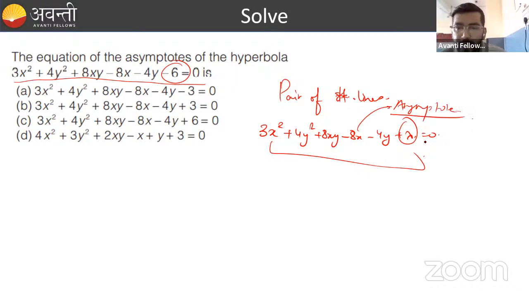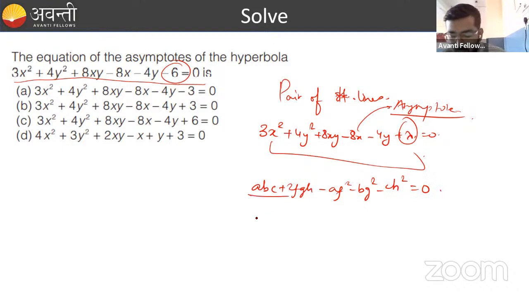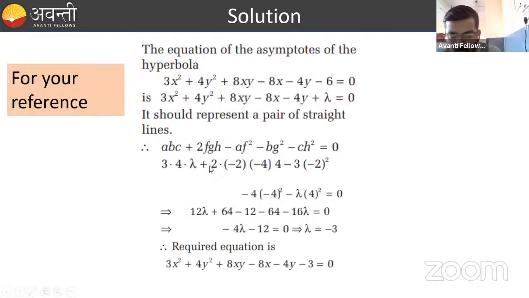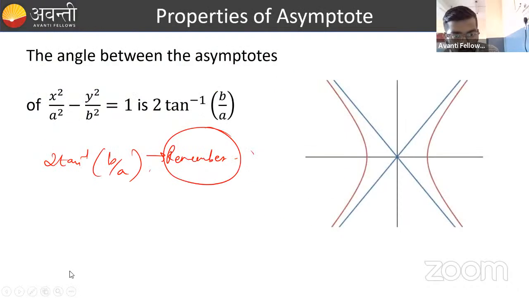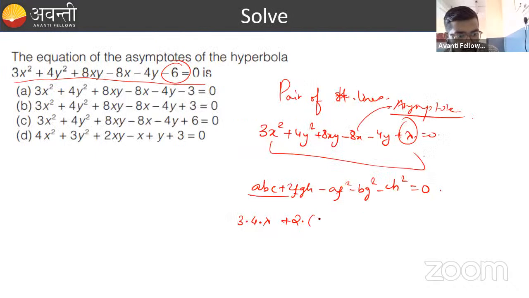We know that the property of a pair of straight lines is that ABC plus 2FGH minus AF square minus BG square minus CH square equals 0. So A is 3, B is 4, C is lambda. For FGH, F value is minus 2, G value is minus 4, and H value is 4.